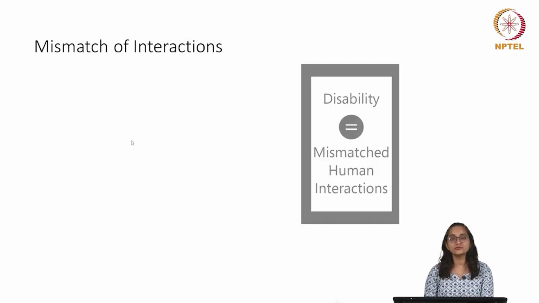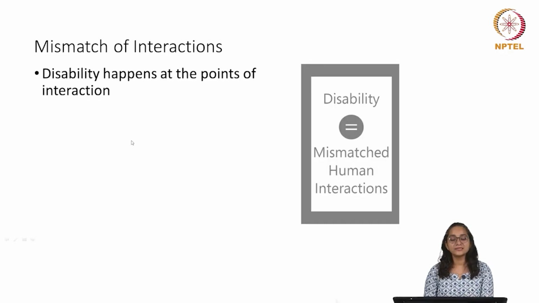So what are mismatches of interactions? Basically, disability or a hindrance occurs when there are mismatches in interactions. What we mean by the term mismatch is, say for example, there is an intended purpose of a feature in your application or product, and some assumptions have been made that the user will be able to utilize this feature or use this functionality in this way.